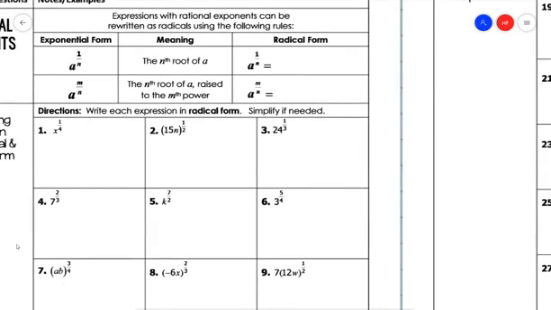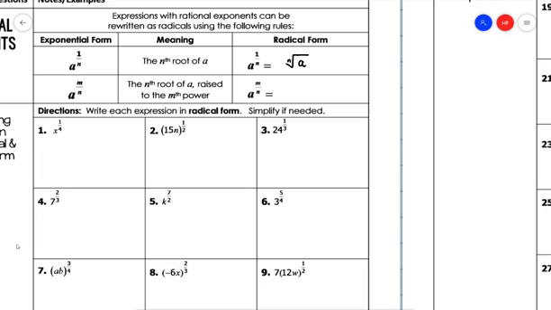So when we are in exponential form, we have some number or some variable to a power. And so that means the nth root of a, which we would write as the nth root of a. And that's whenever there is a 1 on top.